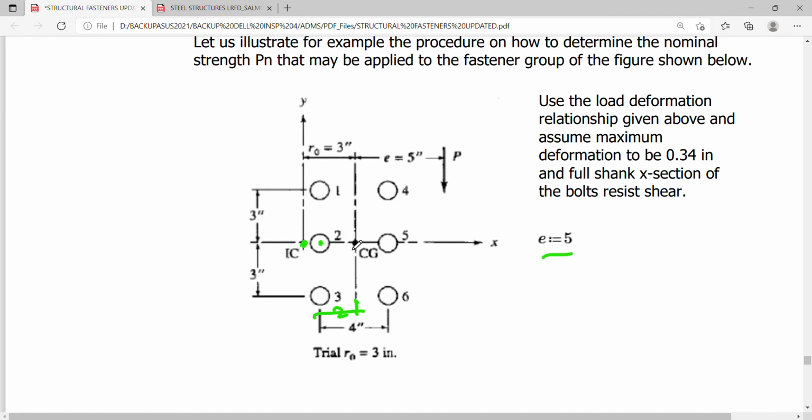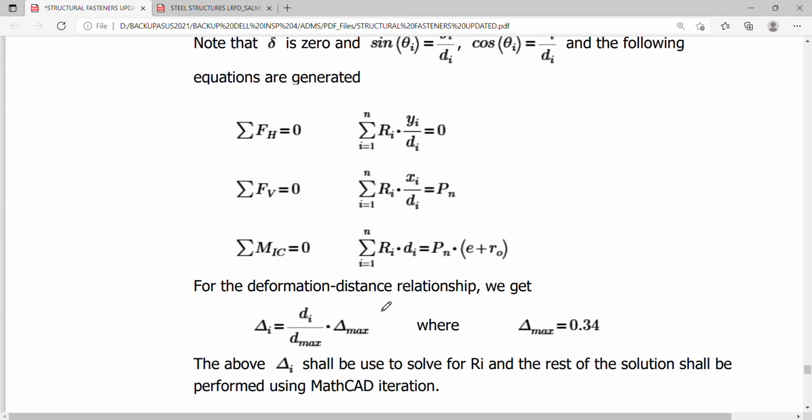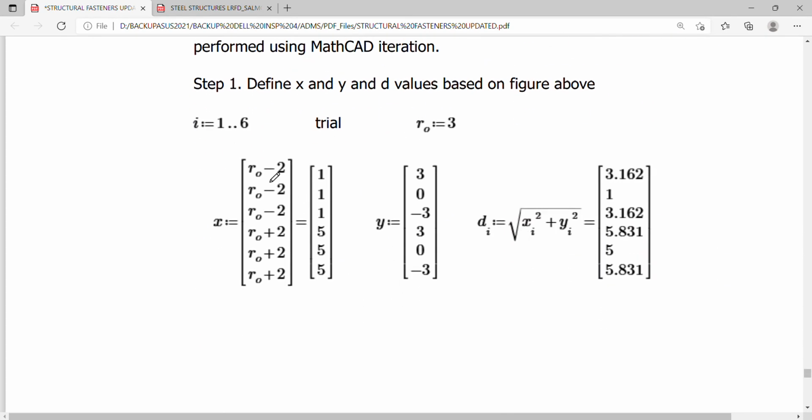So 3 minus minus 2 and 3 minus minus 2 will give you a 3 plus 2 value. So these are now the results, no? 3 minus 2, 3 minus 2, 3 minus 2, and 3 minus minus 2 is simply 3 plus 2, 3 plus 2, 3 plus 2. Of course, if you are using a different value of Ro, this will be different.